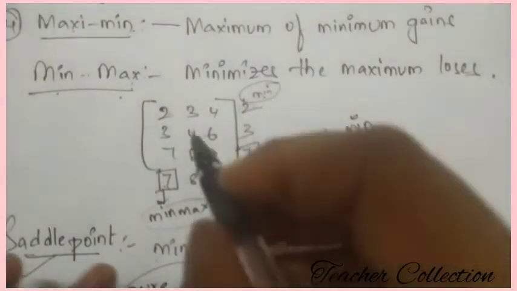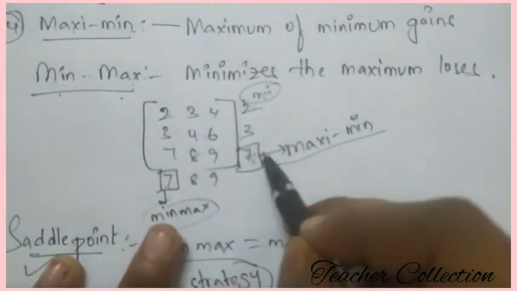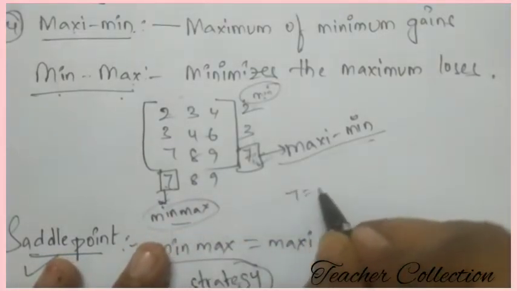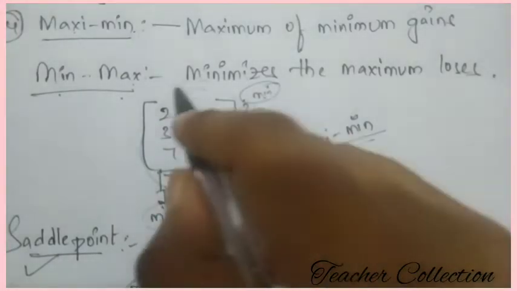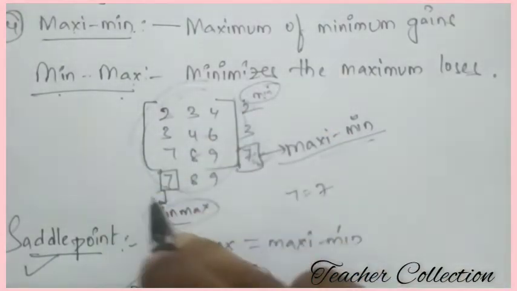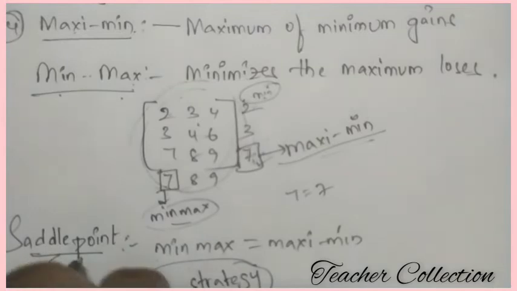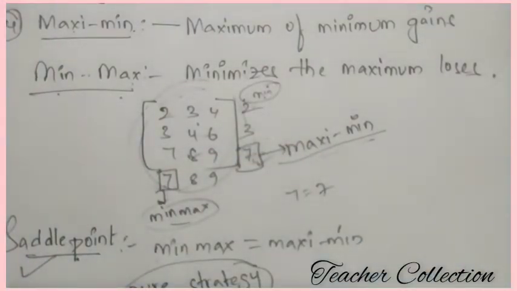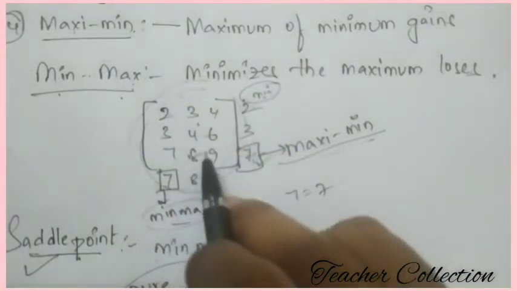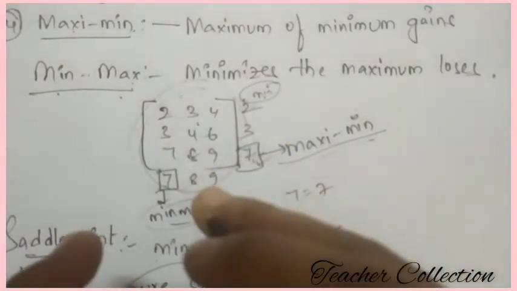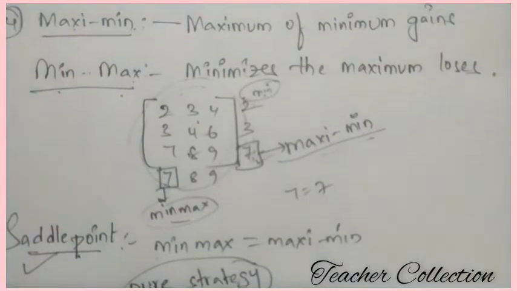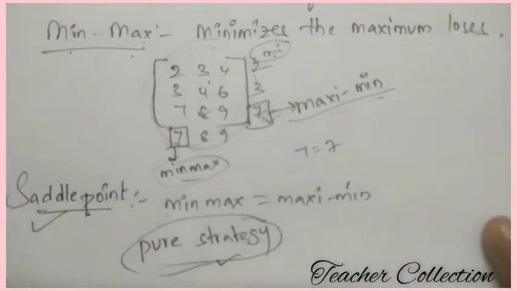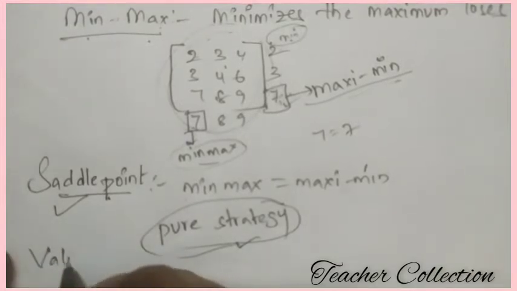Here in the above example, maximin is 7 and min-max is 7, both are the same. So this payoff matrix has a saddle point, meaning this game has a saddle point, so each player has a pure strategy. Now we will find the value of the game.